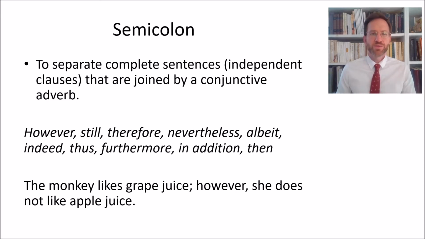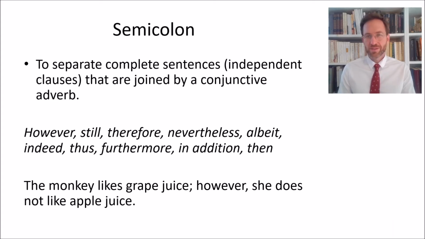The second one is to separate complete sentences that are joined by a conjunctive adverb. Those are the however, still, therefore, nevertheless, and you know many more. The monkey likes grape juice; however, she does not like apple juice. So some of those, they're not necessarily conjunctions in the classic sense, but conjunctive adverbs.